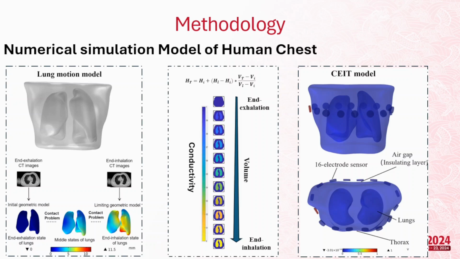As you can see on the right-hand side, the CEIT model, the electrodes will be excited in turn. Then we can collect the impedance data, both magnitude and phase, during the movement of the lung. And the conductivity of the lung is defined linearly, as you can see in the middle. So with the volume going up, the conductivity goes down.